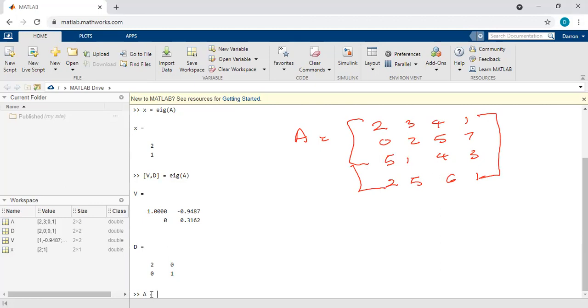Sorry, you sure you don't want to use a different variable name so you don't overwrite the A that's already there?